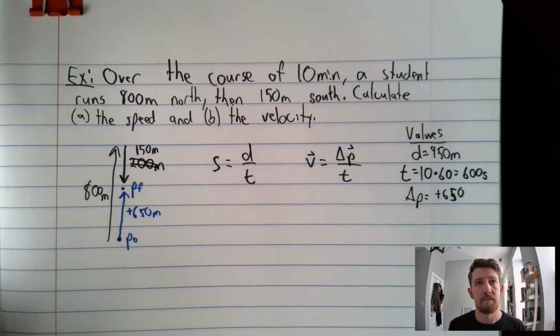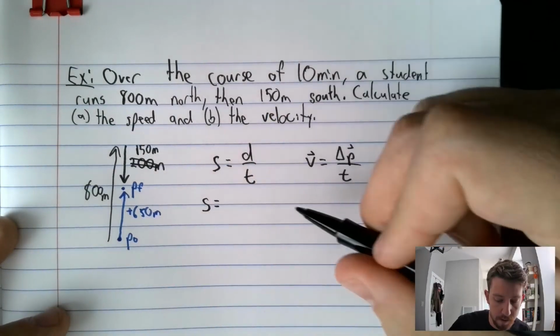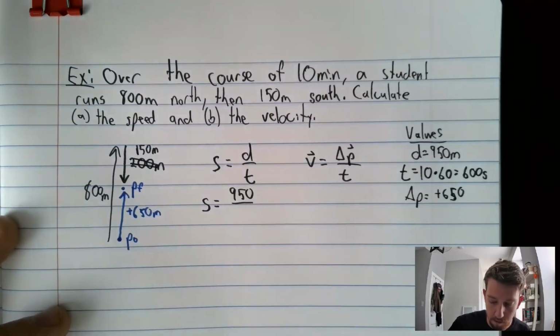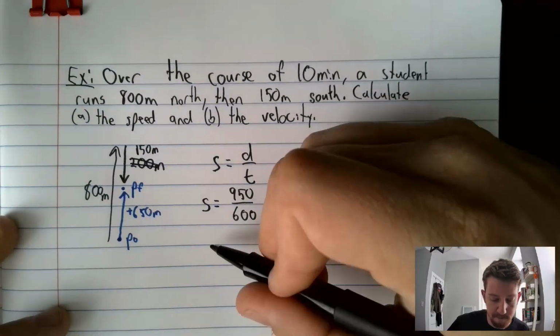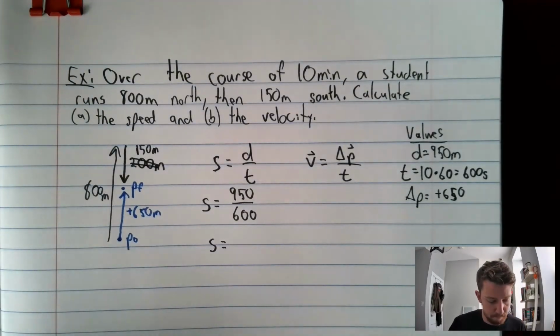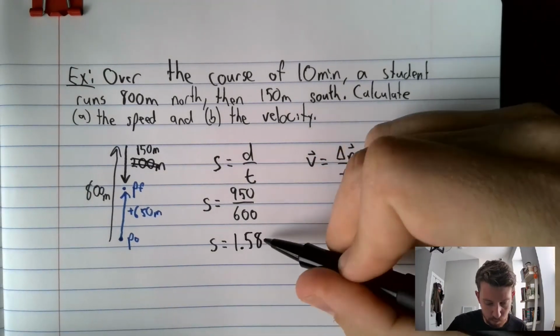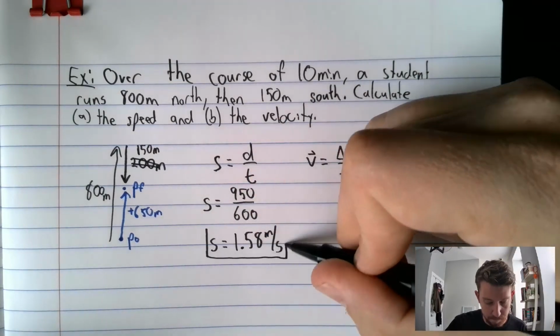Okay. Time to do our calculations. Speed is going to be the total distance, that's 950 over 600. So that's 1.58 meters per second.